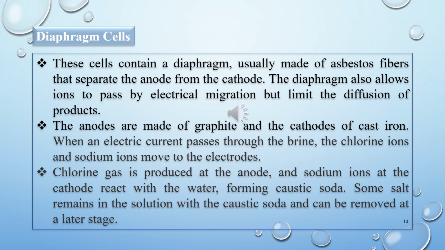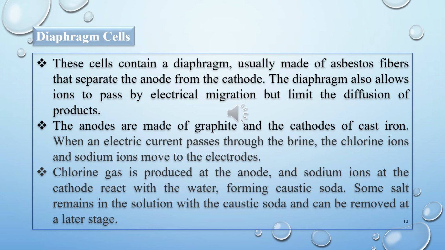When electric current is passed through the cell, chlorine will be produced at the anode and sodium hydroxide is produced at the cathode side, because in the first step sodium mercury amalgam forms, and then that amalgam reacts with water and forms sodium hydroxide along with hydrogen and mercury.